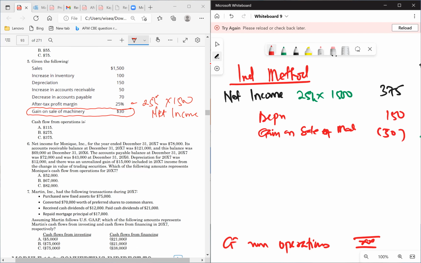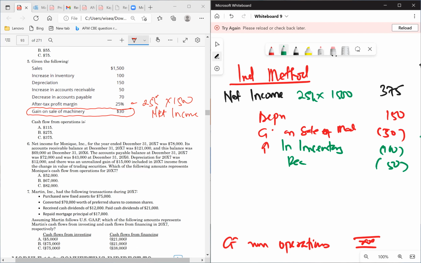Then the increase in inventory will be subtracted, which is 100. And then the increase in accounts receivable will also be subtracted, which is 50.